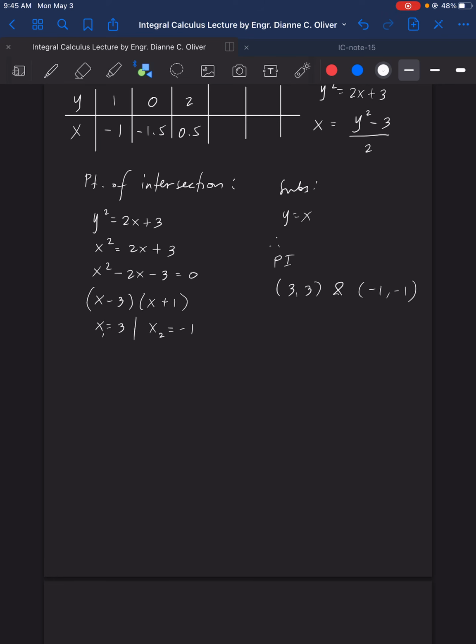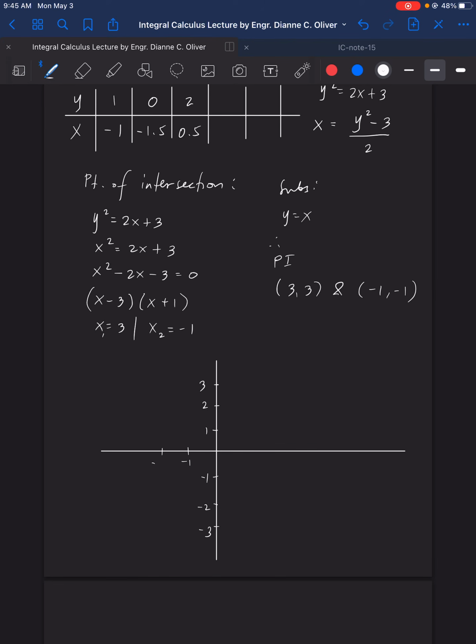So from the looks of it, let's use all quadrants. So we put here negative 2, negative 1, this is 1, 2, 3, this is negative 1, negative 2, negative 3.